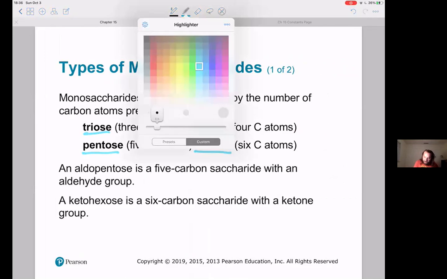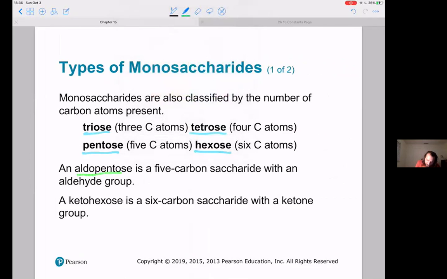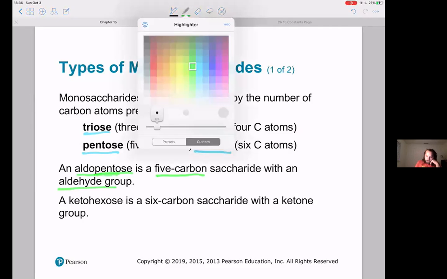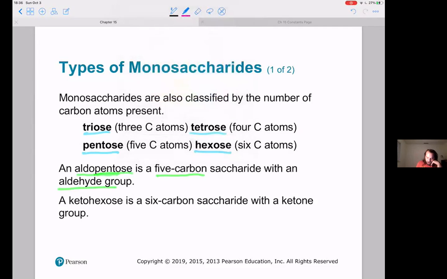So given the name aldopentose, you know that is a 5-carbon saccharide because of the pent, and it contains an aldehyde group. If you were told that you have a ketohexose, that would be a 6-carbon sugar with a ketone group.